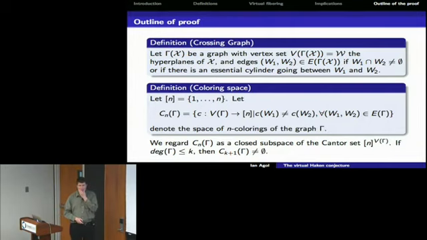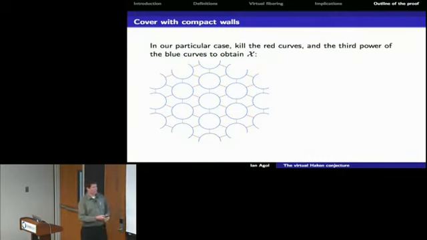Oh, the crossing graph. So like the graph here, you'd have a vertex for each of these blue ones, and a vertex for each red one, and then there'd be an edge between them. I didn't actually draw the graph in this case, because you can just draw the hyperplanes. The graph is just encoding this information.